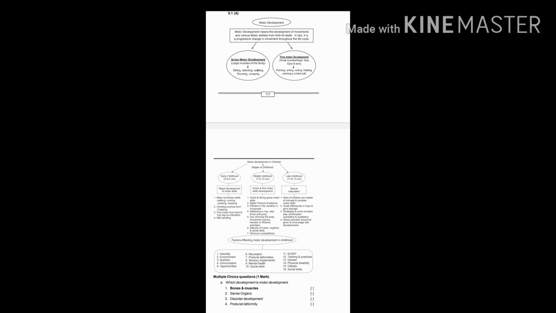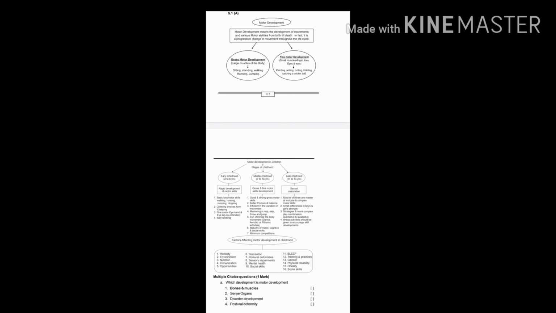Now we will discuss motor development in children. So quickly we summarize what we have discussed just now. What is motor development? Motor development is a development which continues from birth till death, and it is the ability to move around or manipulate his or her environment.